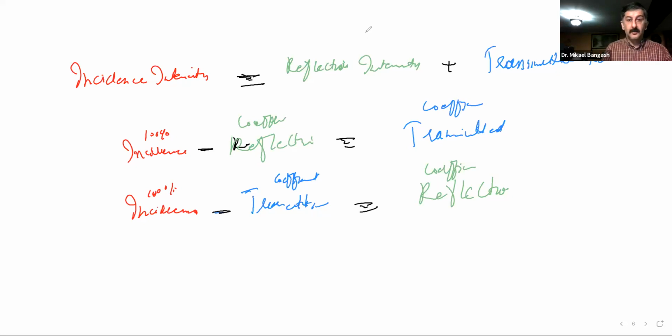Because your intensity coefficients, whether it's transmission or reflection, are not going to be expressed as watts per centimeter square. You will only use that when you talk about plane intensity of transmission and plane intensity of reflection. But when you go to coefficients, it will become percentages. Did that make sense?